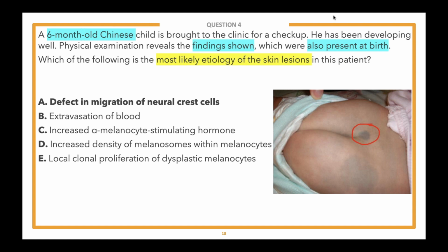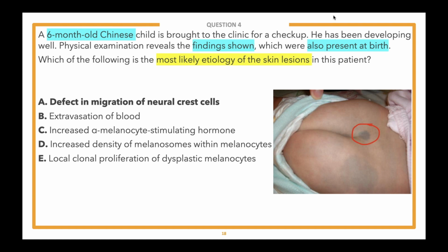okay? Answer choice C, increased alpha MSH. This would actually result in generalized hyperpigmentation. This is something you can see in Addison's disease, if you remember, but this would be more generalized diffuse hyperpigmentation, okay? Answer choice B, extravasation of blood.